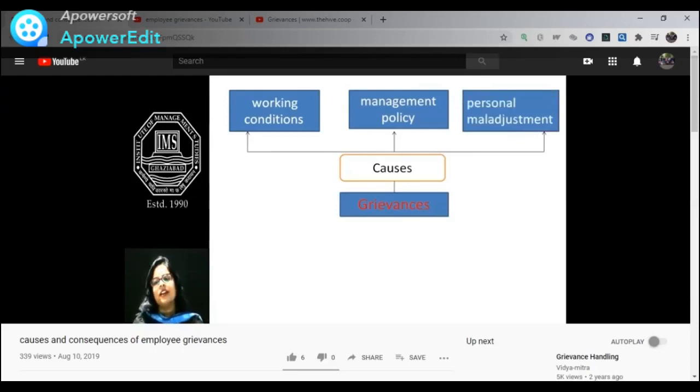This is the third category, where the major role is played by the aggrieved employee himself. The person having a grievance can be called the aggrieved person. The aggrieved person has lots of problems, lots of conflict as an individual with the organization, and these come into this category.